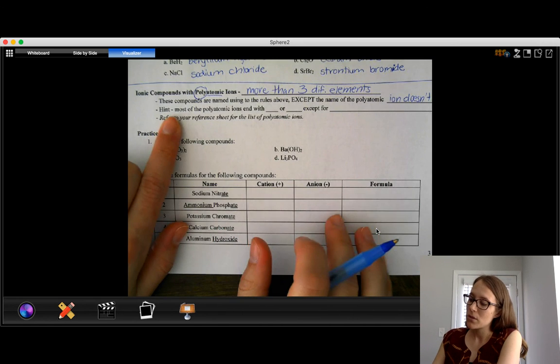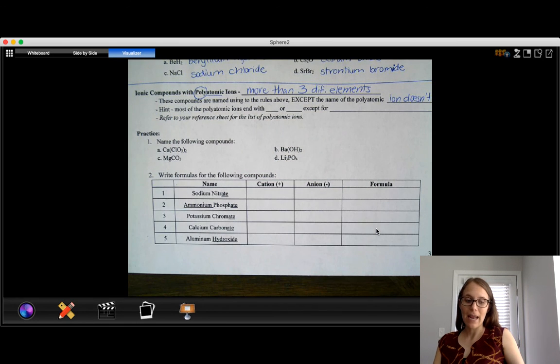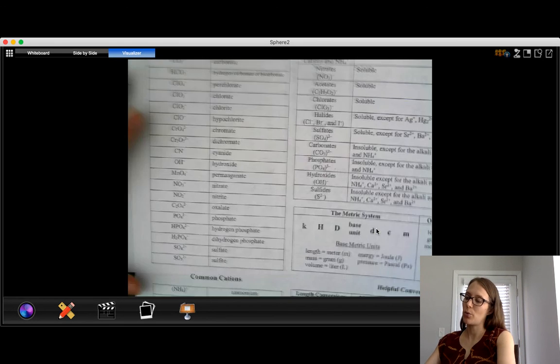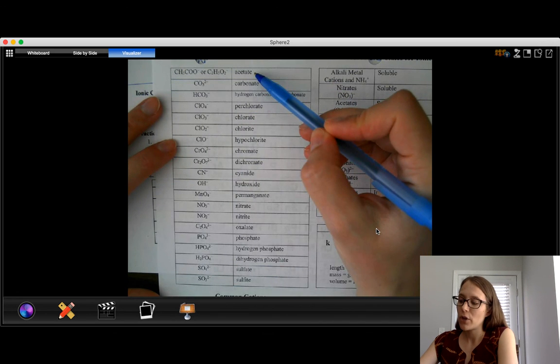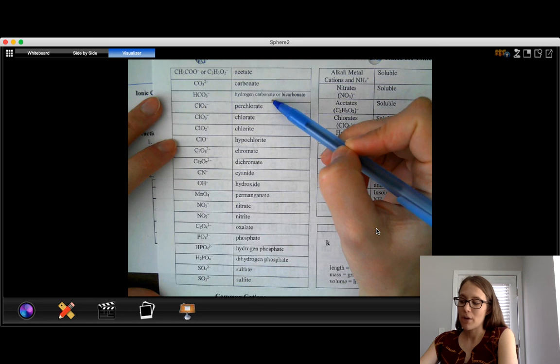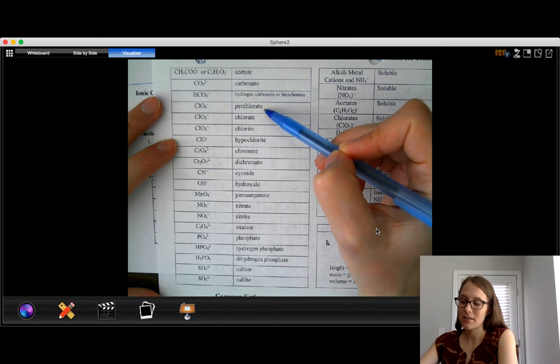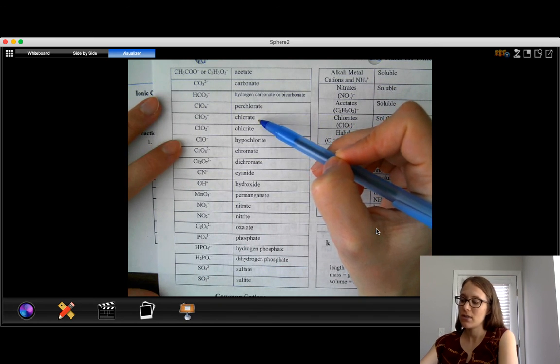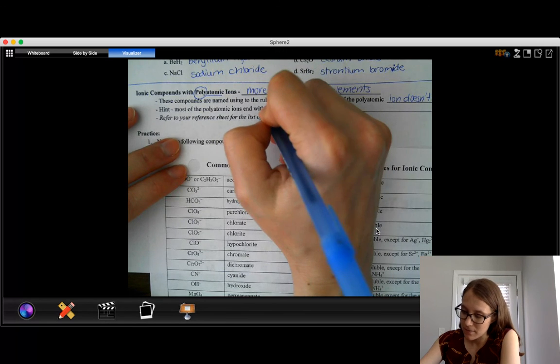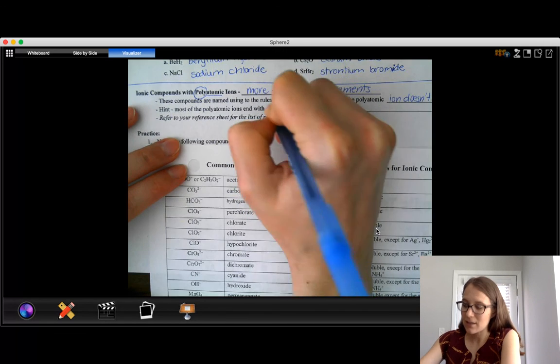Most of the polyatomic ions have names with a specific pattern that you'll recognize over and over. If you look at these names, you'll see acetate, carbonate, hydrogen carbonate, perchlorate, chlorate. You'll notice that a lot of these end with ate. That's a big hint that they're polyatomic.